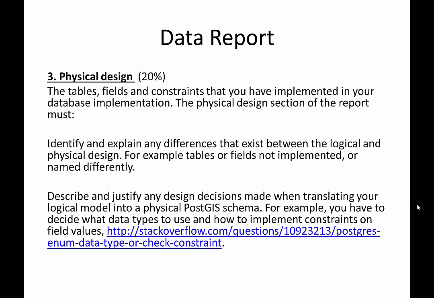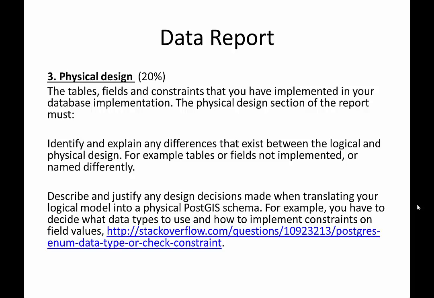So you've got your logical design, and as I say, your logical design should map onto your physical design. Your physical design is obviously implemented as the database, so the tables, fields, and constraints are defined in the database that you create.